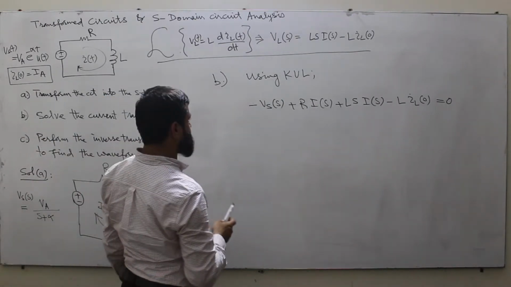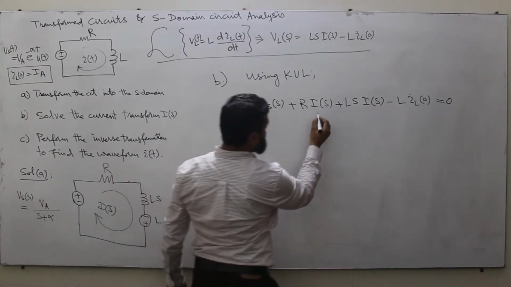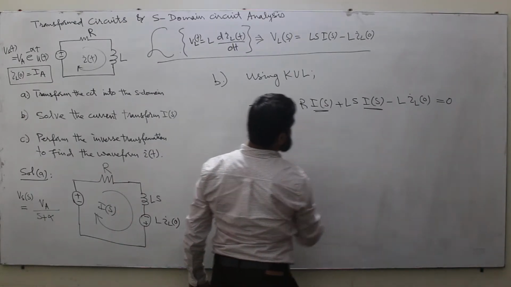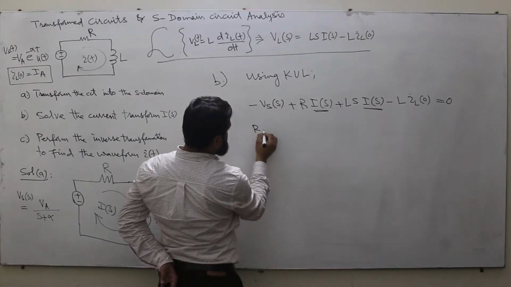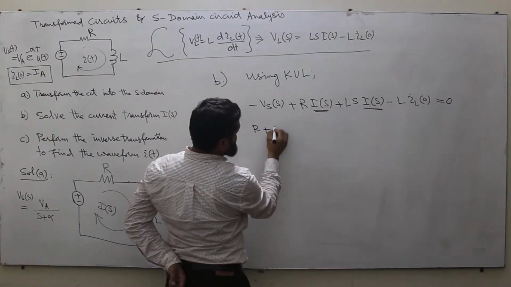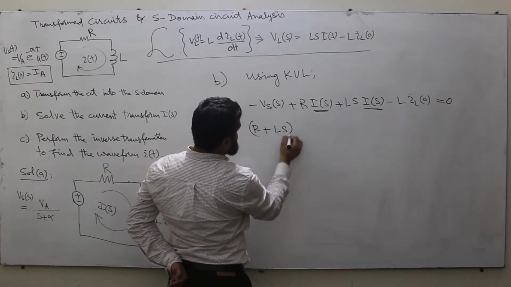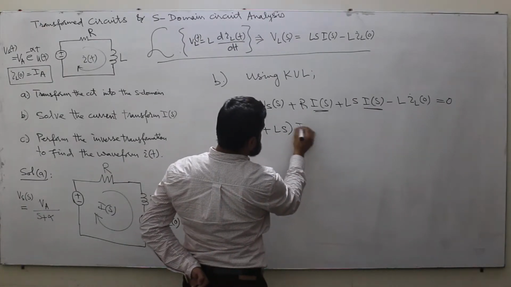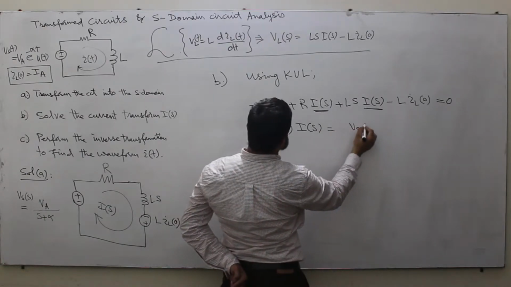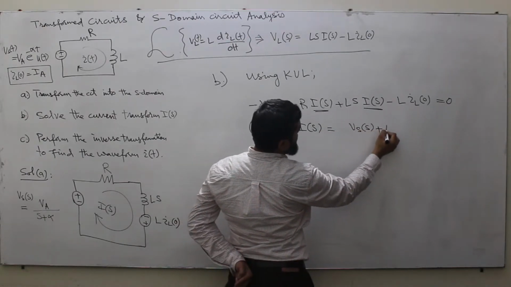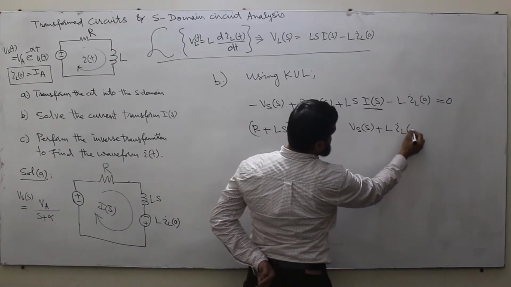To solve this equation for I of S, I of S is common here, and we can take the rest of the expression to the other side, which will be Vs of S plus L into IL of 0.